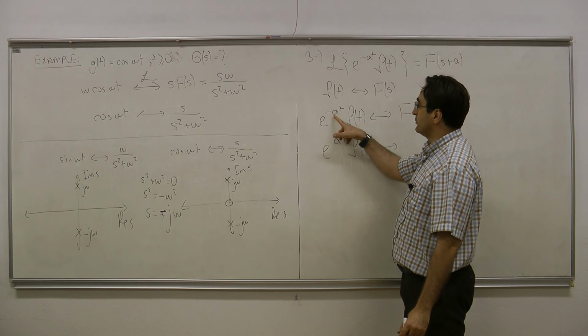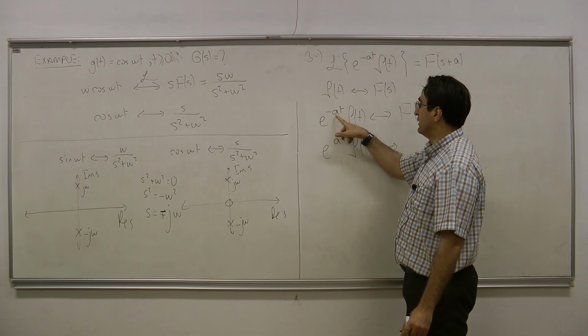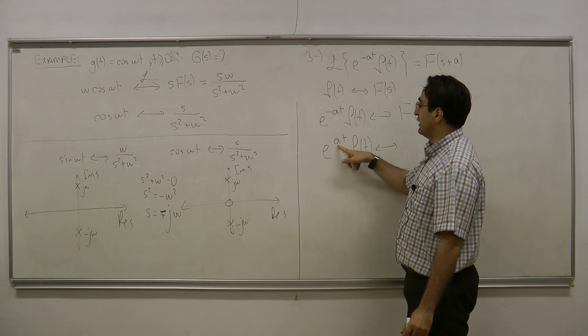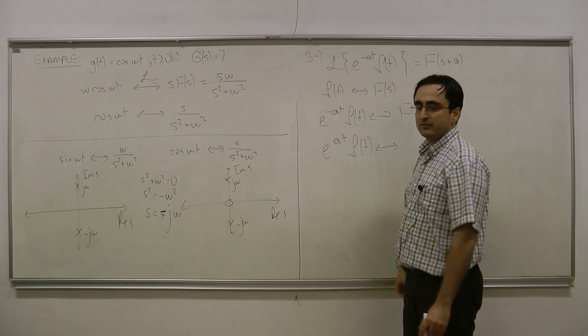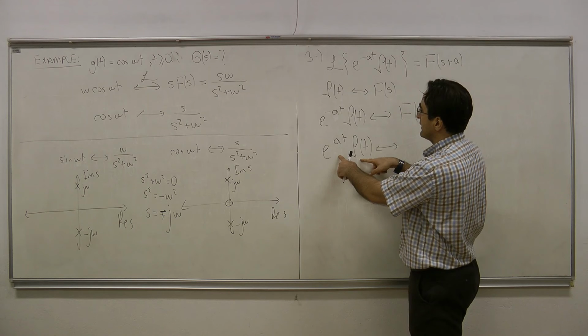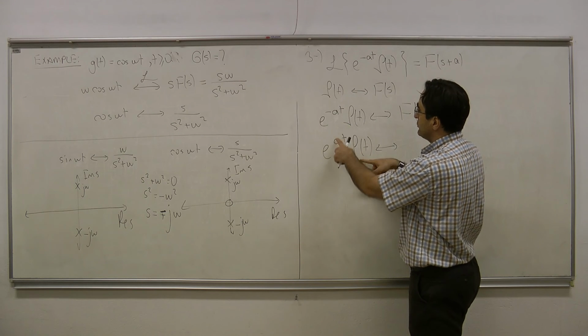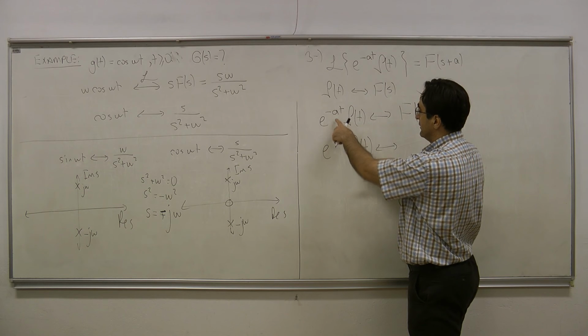If I substitute minus a instead of a in the upper function here, I would obtain e to the at. Okay? From the first function to the second function, I can pass by substituting minus a instead of a in the first function.